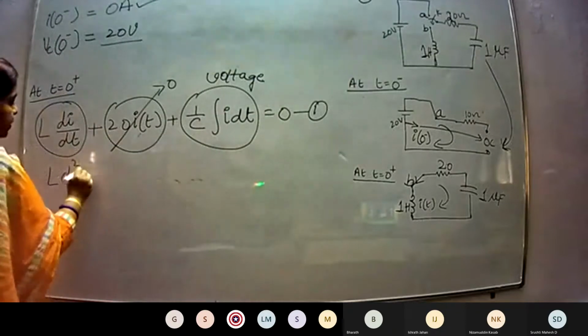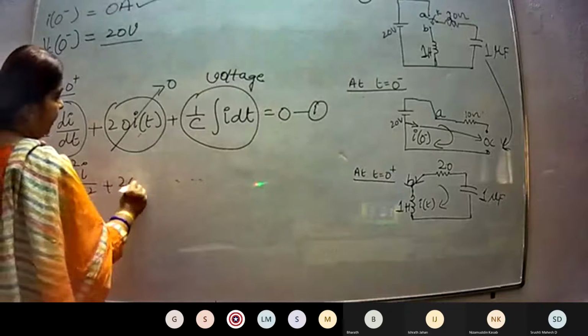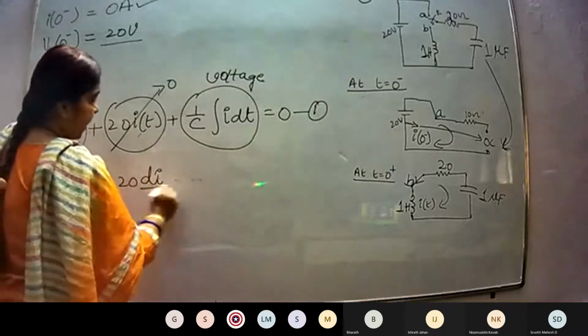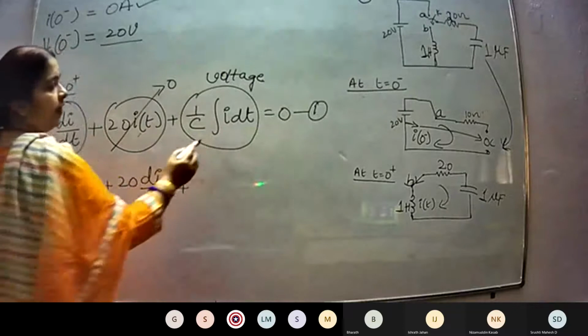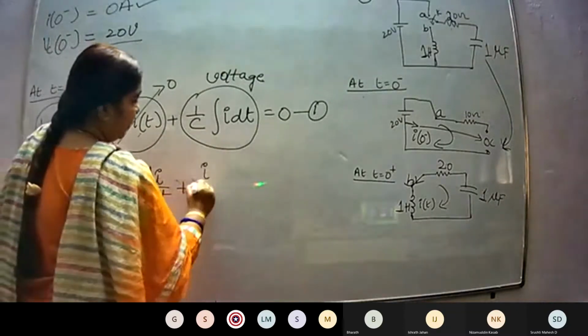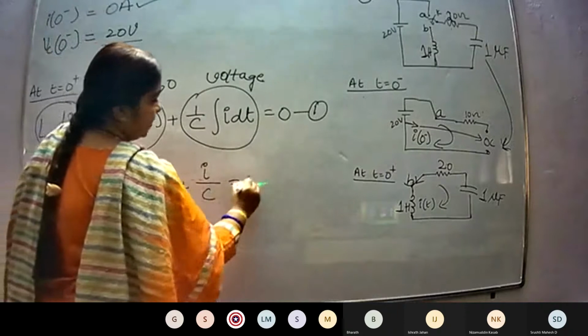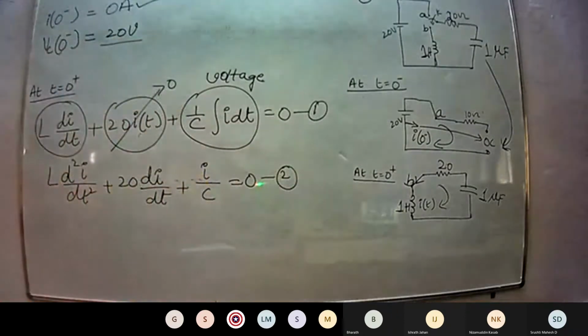L into d square I by dt square plus 20 into di by dt plus, what about this term? We have integration and we are differentiating, both will get cancelled. It is nothing but I by c is equal to 0. That is our equation 2.